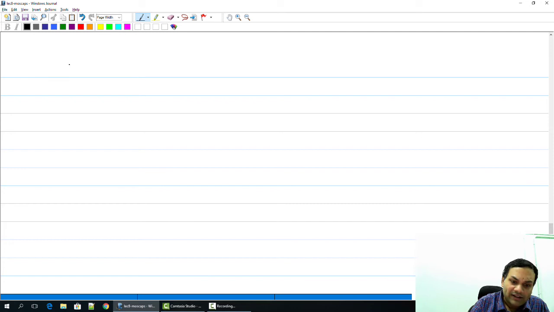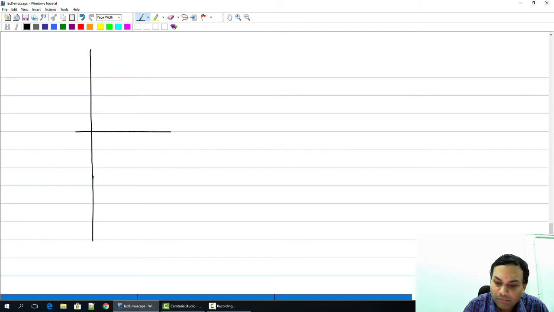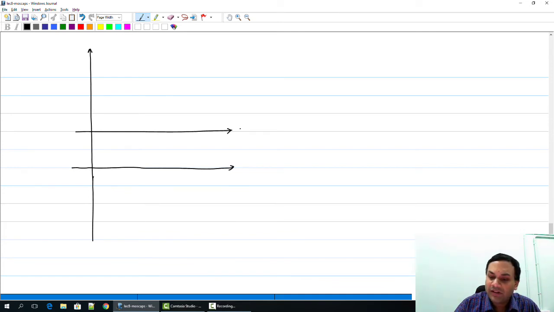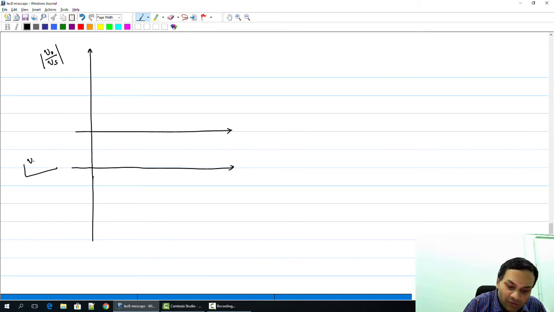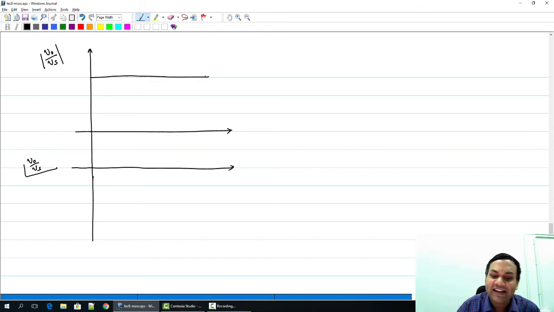So if I were to draw the magnitude and phase response of the circuit, I am going to plot VO by Vs, magnitude, and the angle of VO by Vs. At very low frequencies, which I am going to draw in black, or rather without the capacitances, the circuit looks ideal.